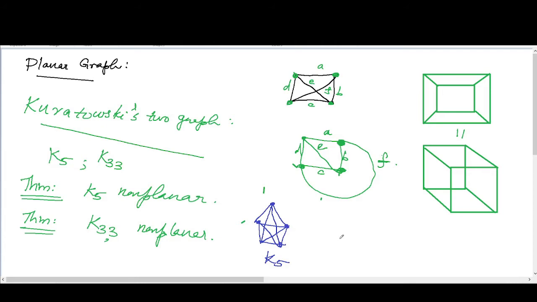Now what is K33? K33 means the complete bipartite graph. This is the complete bipartite graph K33.